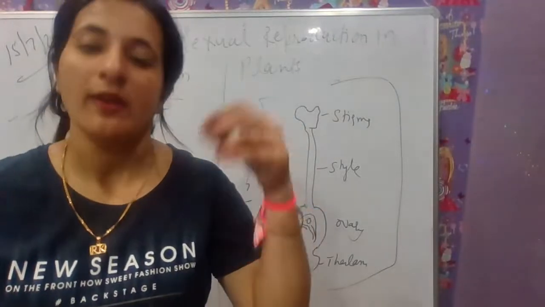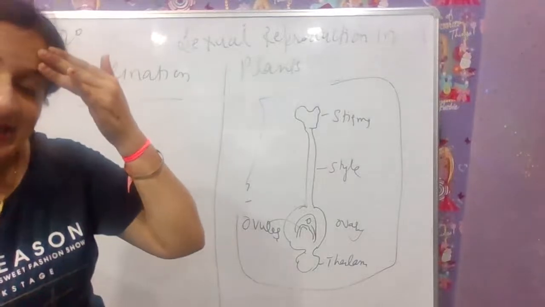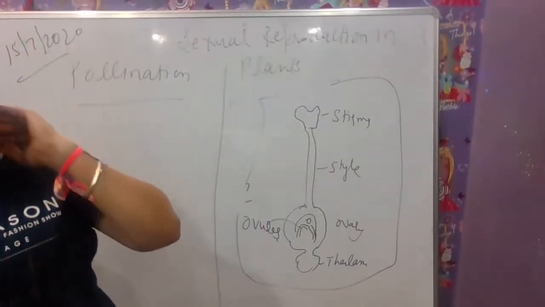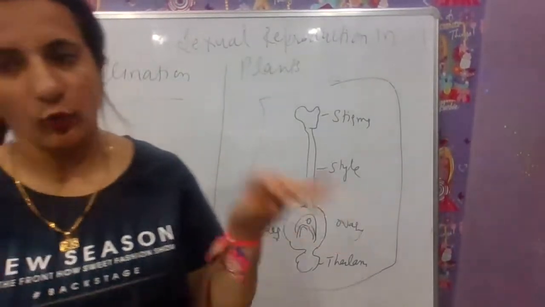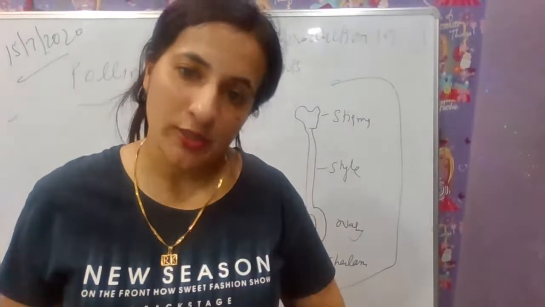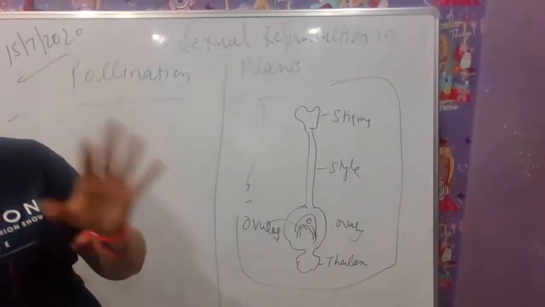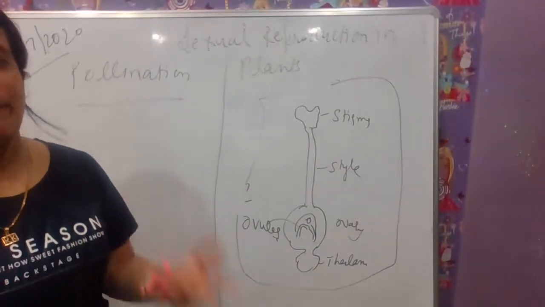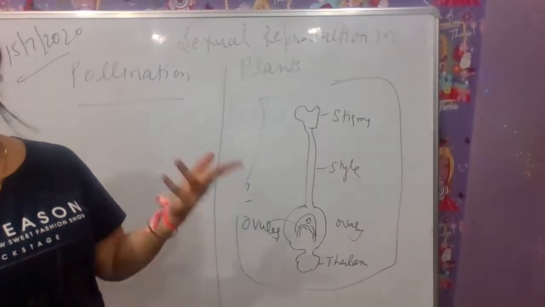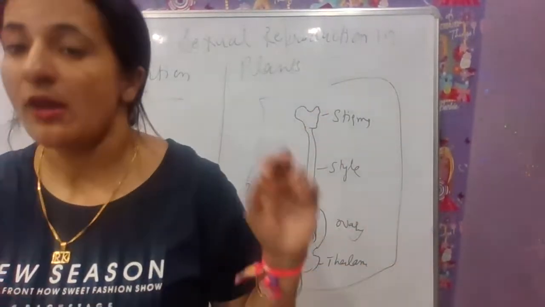Example, mustard and hibiscus. And a unisexual flower has either male or female parts. Examples are watermelon and papaya. Is that clear? Okay, now come to pollination, the next concept.